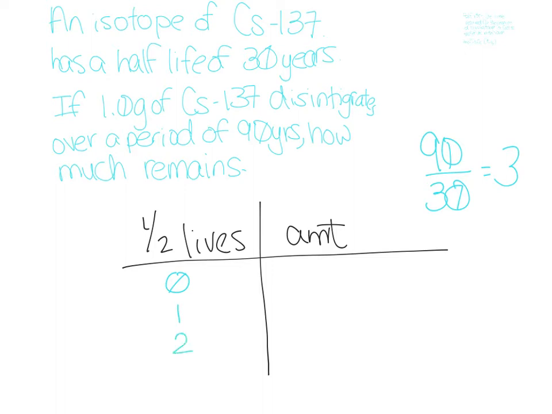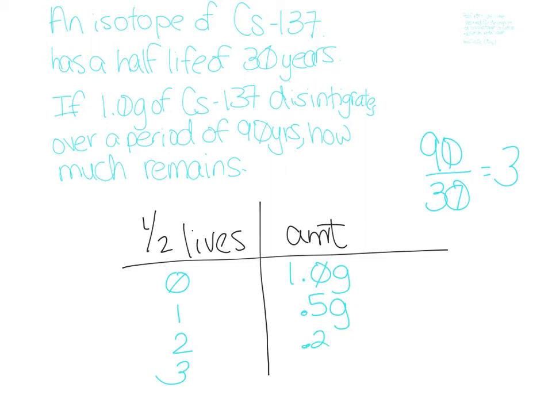1, 2, 3. So at 0 half-lives, when we started, how much did we have? No, that's the mass number of the isotope. How much of it did we have? 1.0 grams. Very good. In 1 half-life, how much is left? Half of that, 0.5. In 2 half-lives, how much would you have? 0.25.